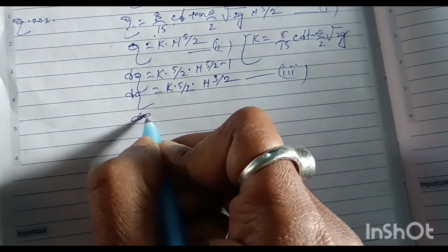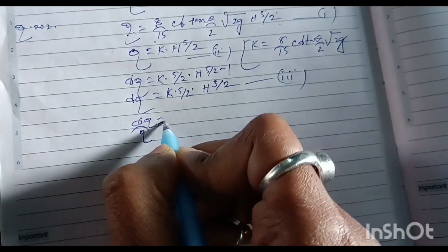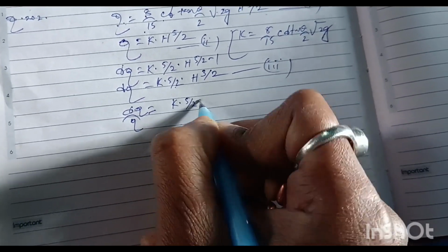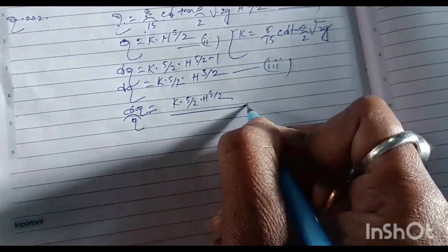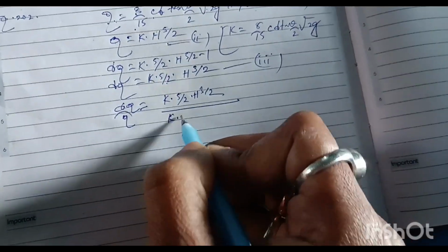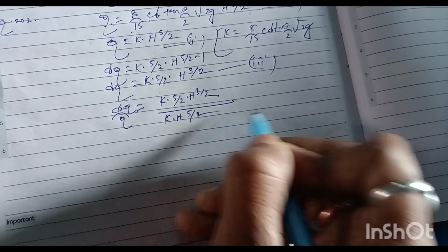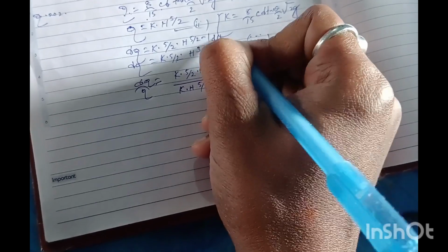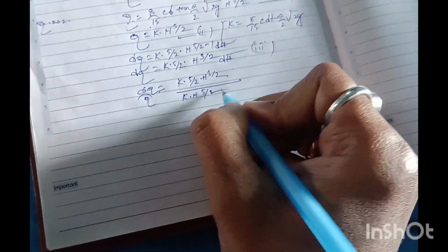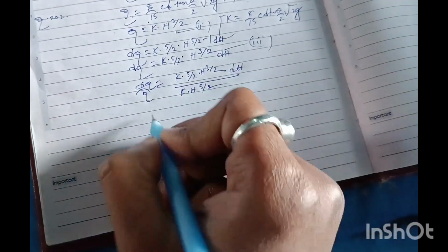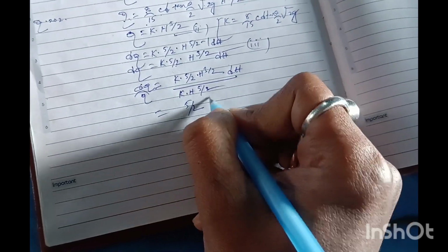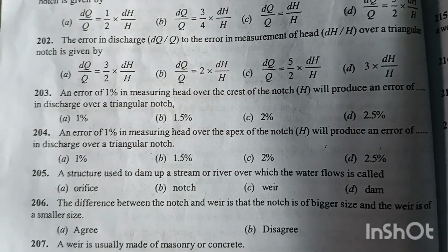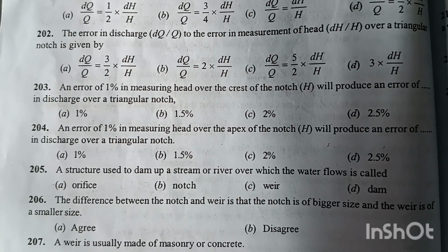So if we calculate the error in the discharge dQ by Q, that will be equal to K into 5 by 2 into H to the power 3 by 2 divided by K into H to the power 5 by 2. The remaining will be 5 by 2 into dH by H. So option C is the right answer for question number 202.